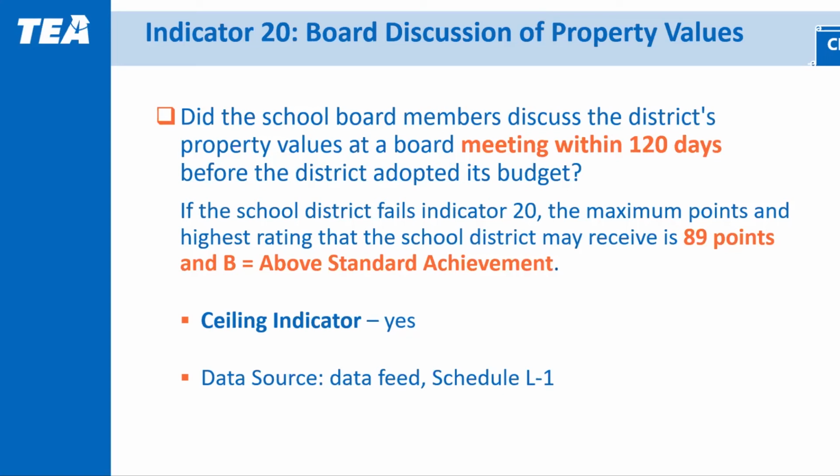But if you remember when we first started introducing you to this one, we talked about the lag. Well, the lag has since gone away with HB3. They changed it to the state uses current year values also. And so what we were telling people then was to discuss how settle up was going to work, how the change from using prior year to current year had a specific impact on your district.